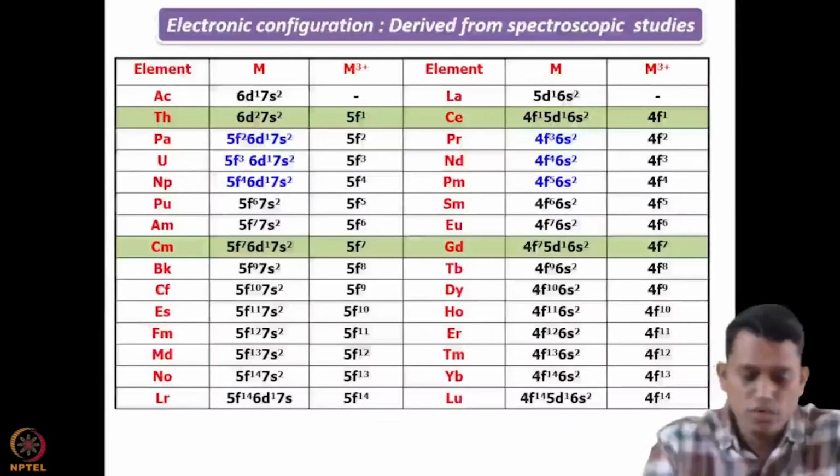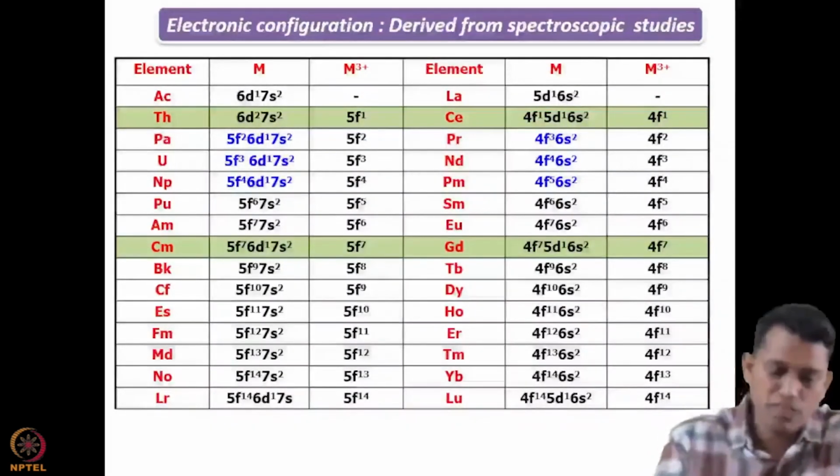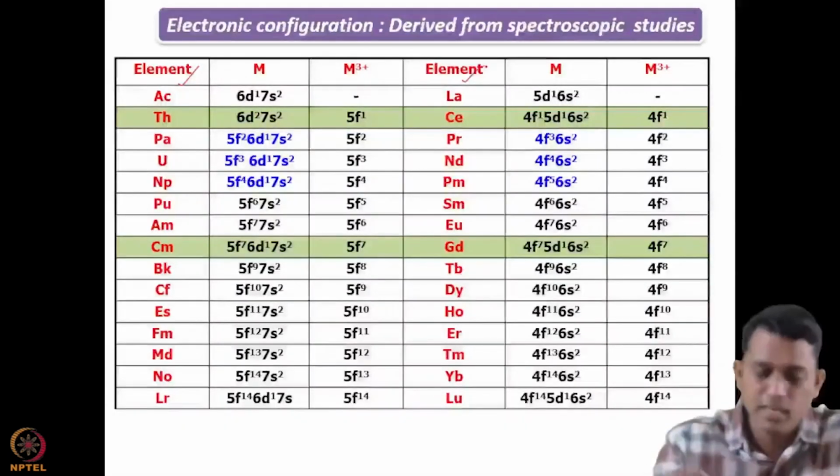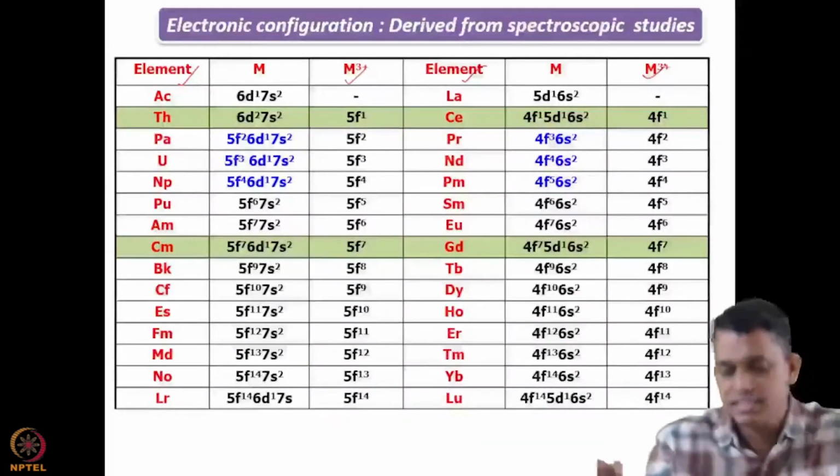As you already know about the electronic configuration of lanthanides and actinides, just to start the presentation, I've shown you the electronic configuration of actinides and of lanthanides. I've also given you the electronic configuration of the trivalent lanthanides and actinides.